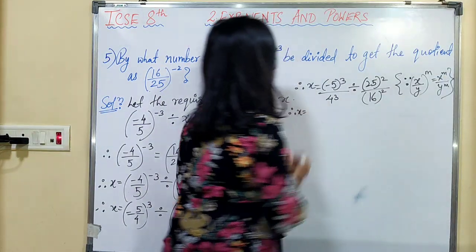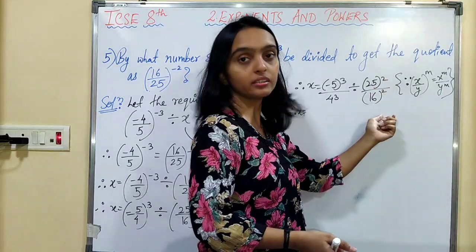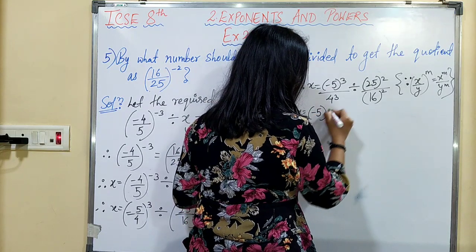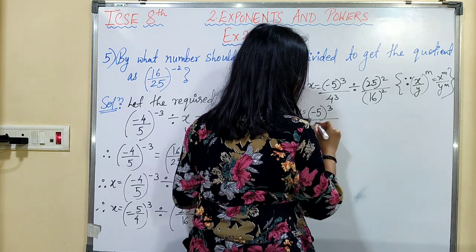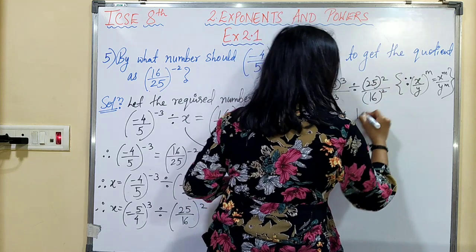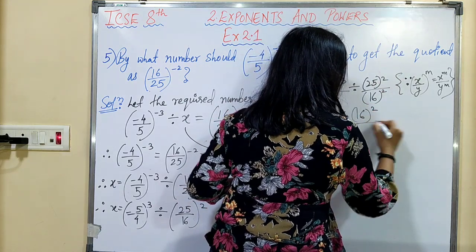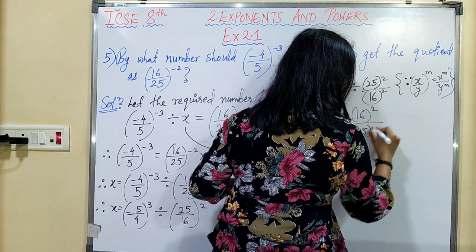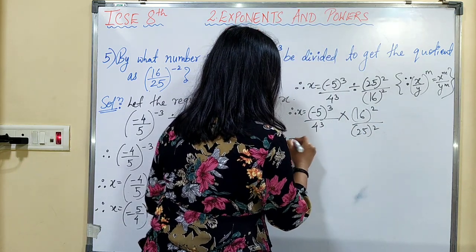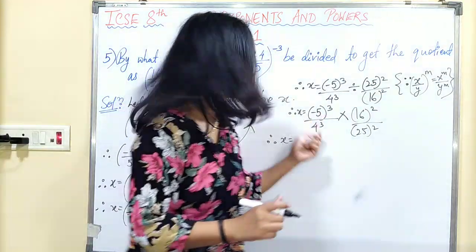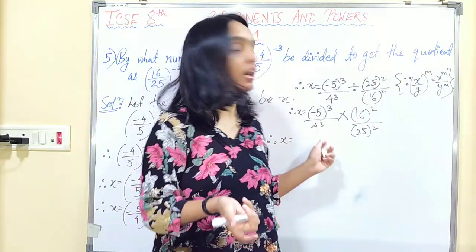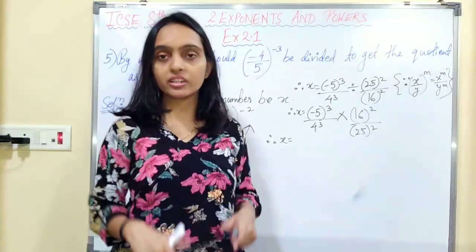Now, therefore, x equals, take the reciprocal of the second term. So you will get minus 5 raised to 3 upon 4 raised to 3 multiplied by 16 raised to 2 upon 25 raised to 2. Okay. So therefore x equals, see, you can cancel these terms, but the lesson is powers and exponents, so here we have to strictly use the laws and simplify the question.